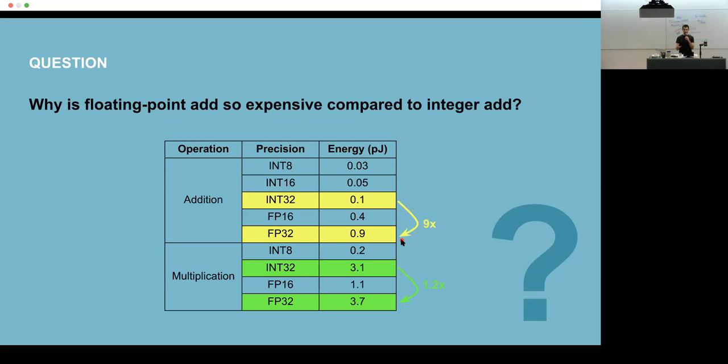Basically, what this plot is showing you, as a summarized version of the previous table, is that when I move from int to float in addition, I get a 9x increase in energy. But when I do the same thing for multiplication, I get just a 1.2x improvement in efficiency. So why is floating point addition so expensive compared to integer addition? That's my question. Can anyone venture a guess?